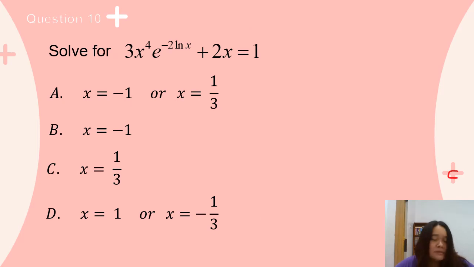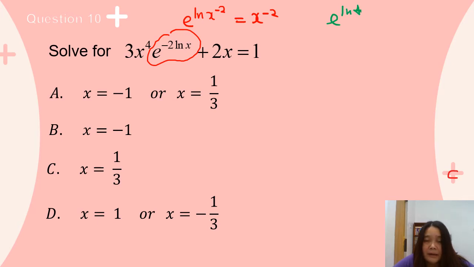Okay, to solve this equation, first of all, we have to simplify this term first. This one, we can transform in the term of e power of ln x minus 2, so you will get the value of x minus 2. So this one applies the theorem of e power of ln star, so you will get back your star here.